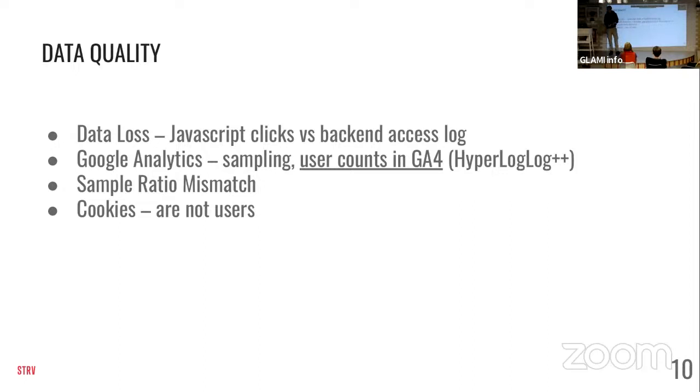It uses a method called HyperLogLog plus plus, and it's described in this article. I'm sorry, I forgot the name of the person who wrote the article, but he is a real influencer in the A/B testing world, and there is a comparison of how this estimate affects A/B testing.